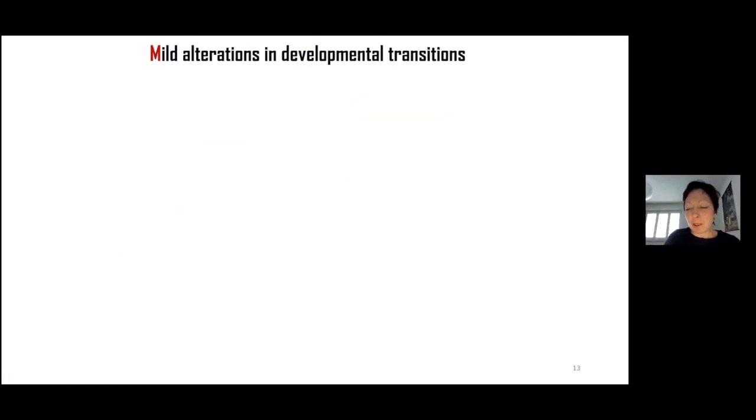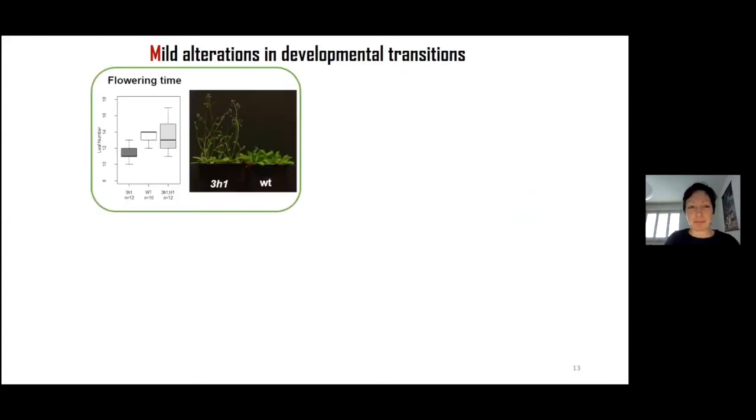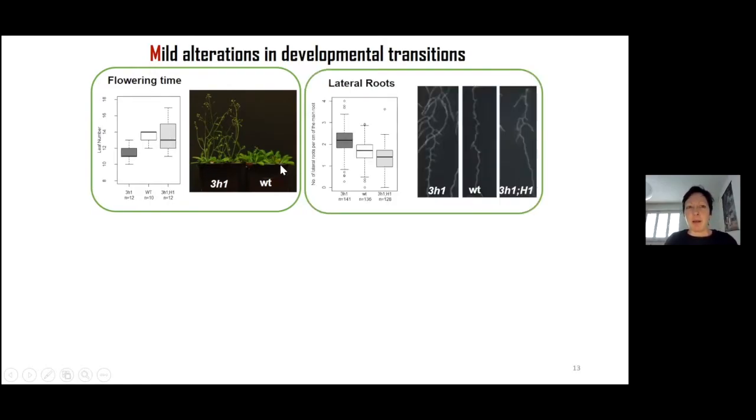So we were actually looking for additional phenotypes which were a bit persistent, and we looked especially during developmental transition. And accordingly, we found some subtle phenotypes in plants lacking H1. The triple mutant is flowering much earlier than the wild type. We can also notice it by the number of leaves at bolting. And this early flowering phenotype is also restored if we reintroduce H1.1 variants.